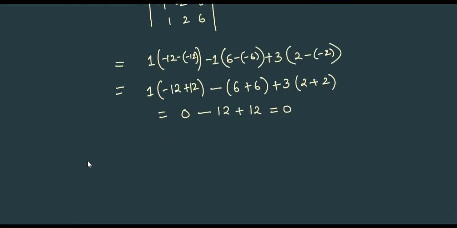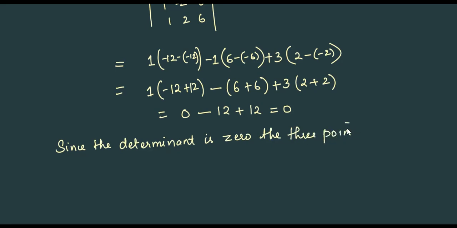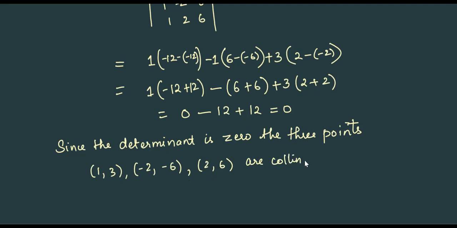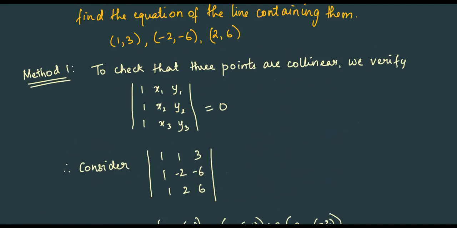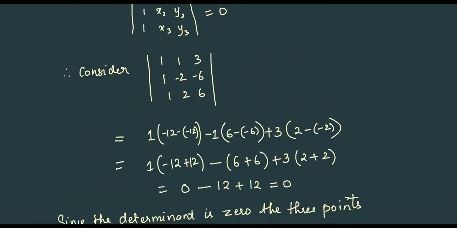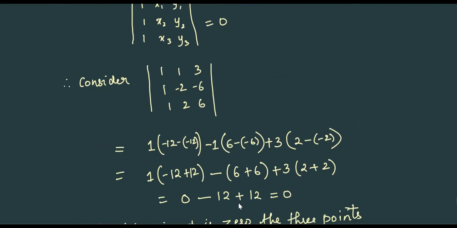Since this determinant is 0, the 3 points (1, 3), (minus 2, minus 6), and (2, 6) are collinear. All right, this is the method. We have to verify that this determinant is 0, and we calculated and found that the determinant is 0. So the 3 points are collinear.